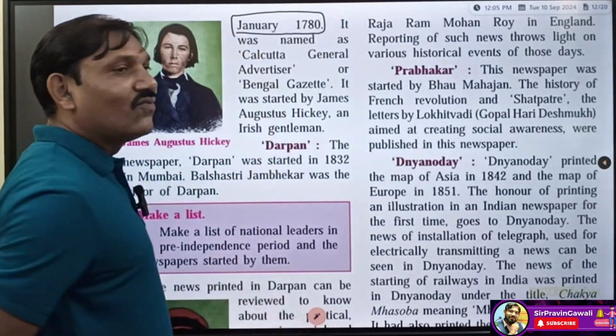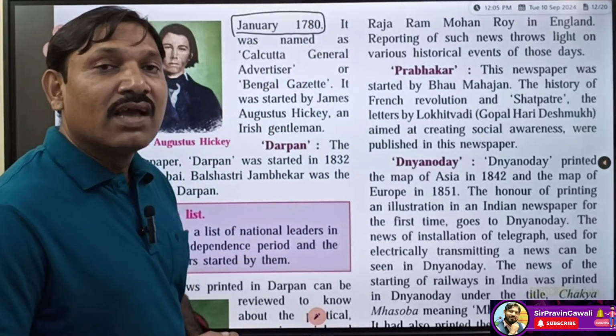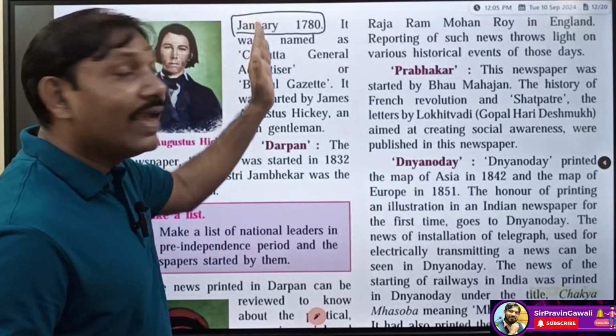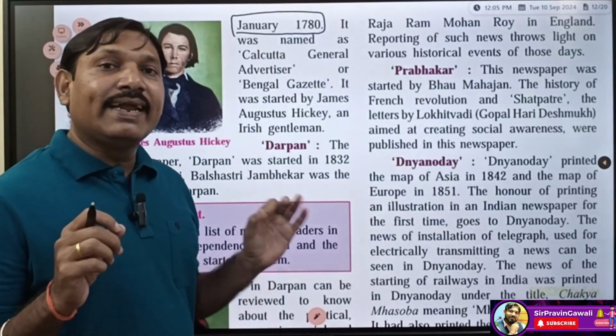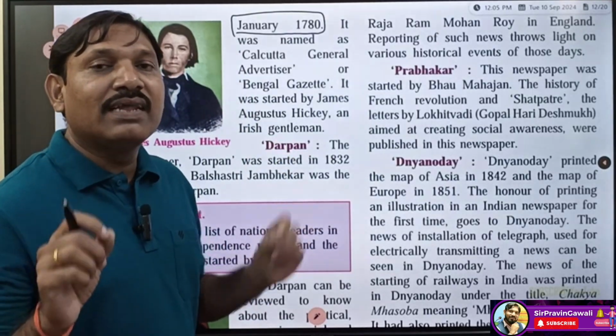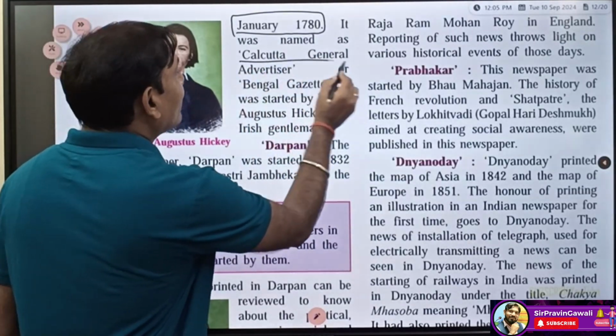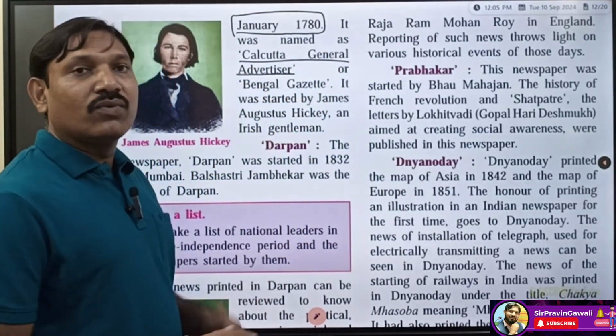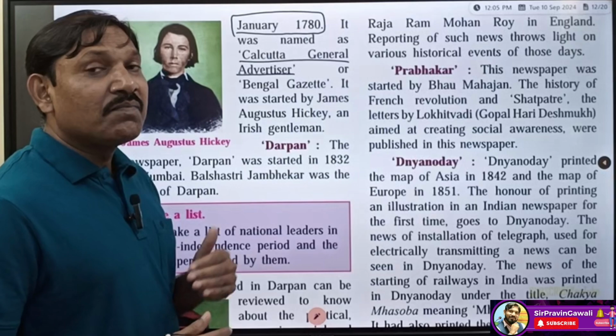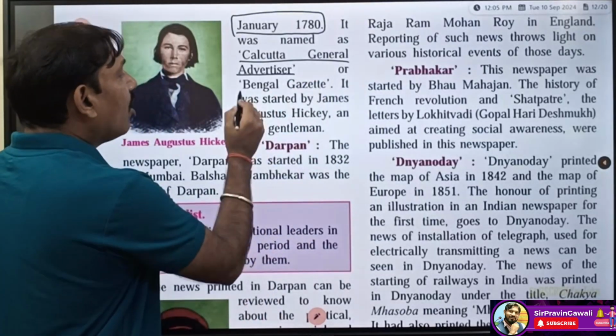So in India, for the first time, an English paper was printed on 29th January 1780. Don't forget the date, students, and the name of the paper, that is the Bengal Gazette. It was also named Calcutta General Advertiser. Don't forget this also. This is the alternative name for the Bengal Gazette.